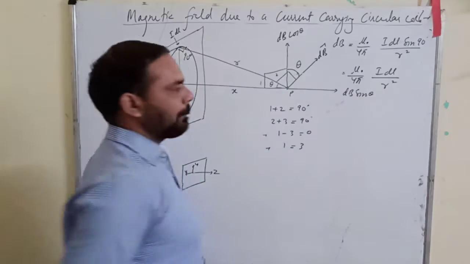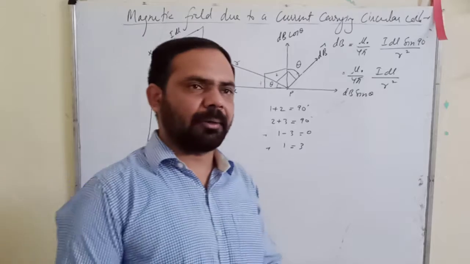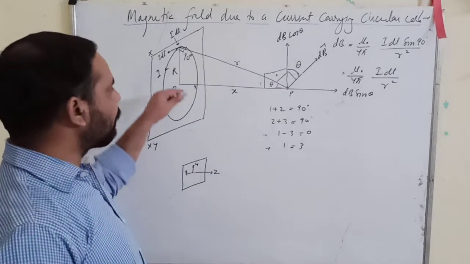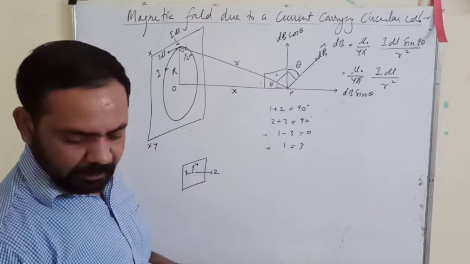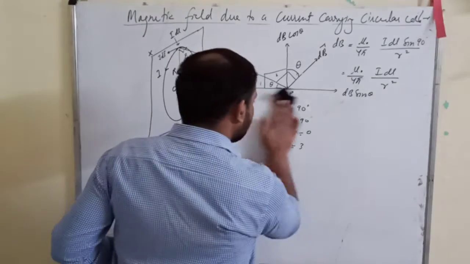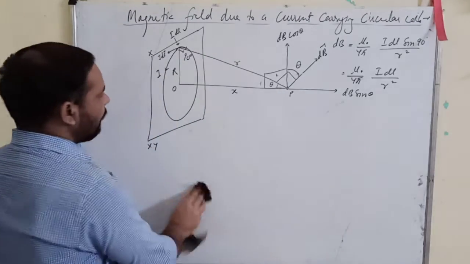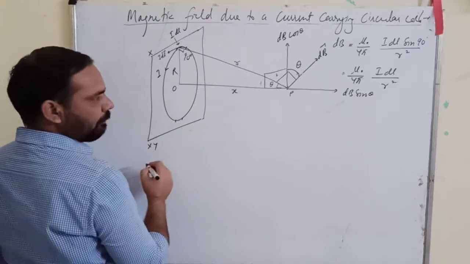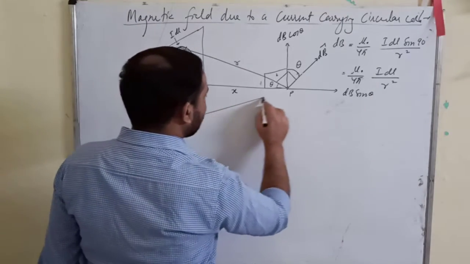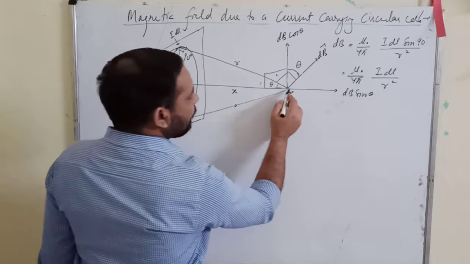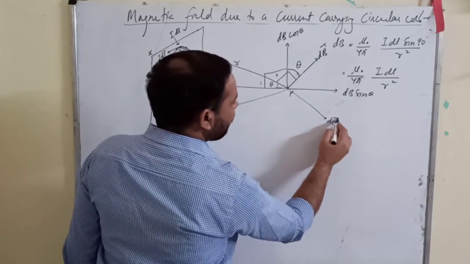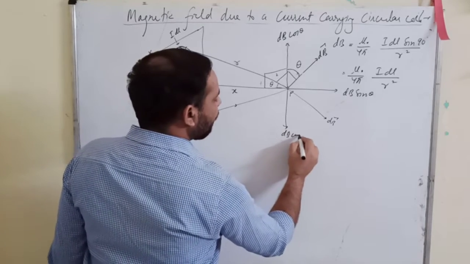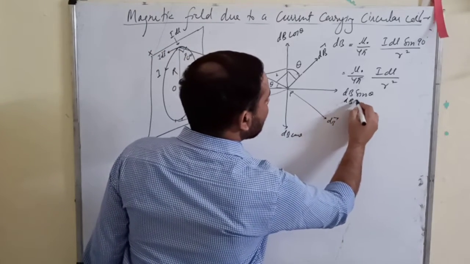Now if this is theta, then this component will be dB cos theta, and this component will be dB sin theta. Just like your previous case when we discussed the electric field due to a charged circular coil, similarly if you consider a current element here, you will get r, then dB in this direction, which will be resolved into two components: dB cos theta and dB sin theta.